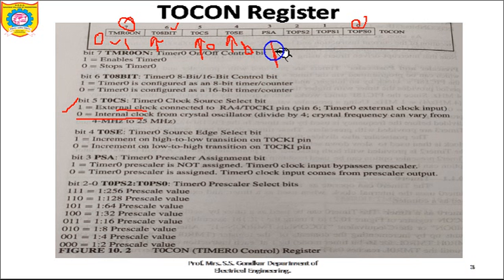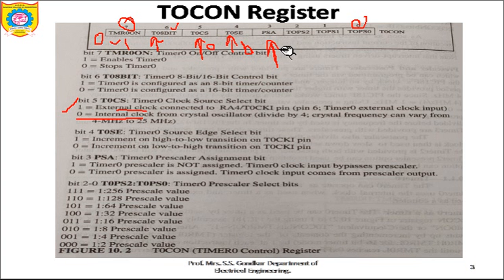Then you have bit number 3, that is PSA, the timer 0 prescaler assignment bit. So what is a prescaler? Prescaler means the timer clock frequency is divided before the frequency is used by the timer. Keep in mind, whenever the timer clock frequency is divided before it is utilized by the timer, it is called a prescaler.